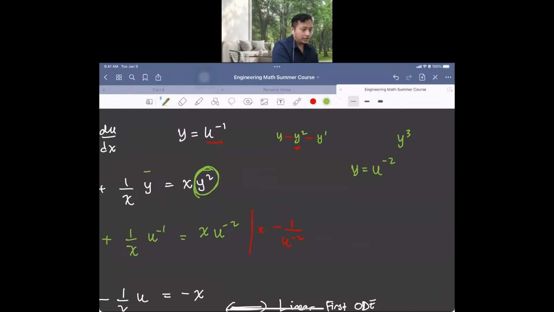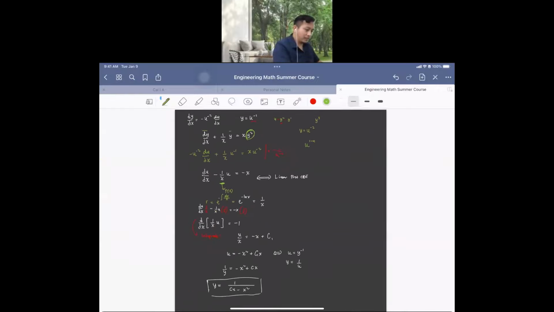Because if you differentiate, it will cancel the other part, and when you solve it, it will be made into a linear differential equation. So that's why u equals y to the 1 minus n always works for the Bernoulli equation. It always works and makes the equation first order and linear. Right?